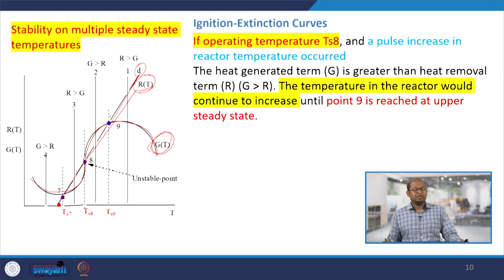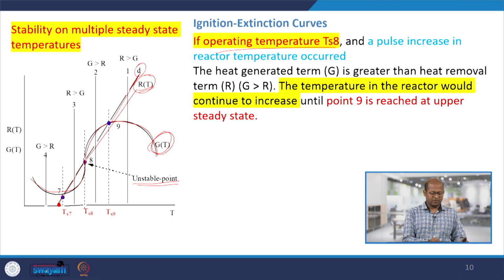These are the steady state temperatures, meaning for this particular inlet temperature of the feed, we are getting 3 different steady state temperatures. Okay. So, let us say the operating temperature is TS8. This is the unstable steady state point.